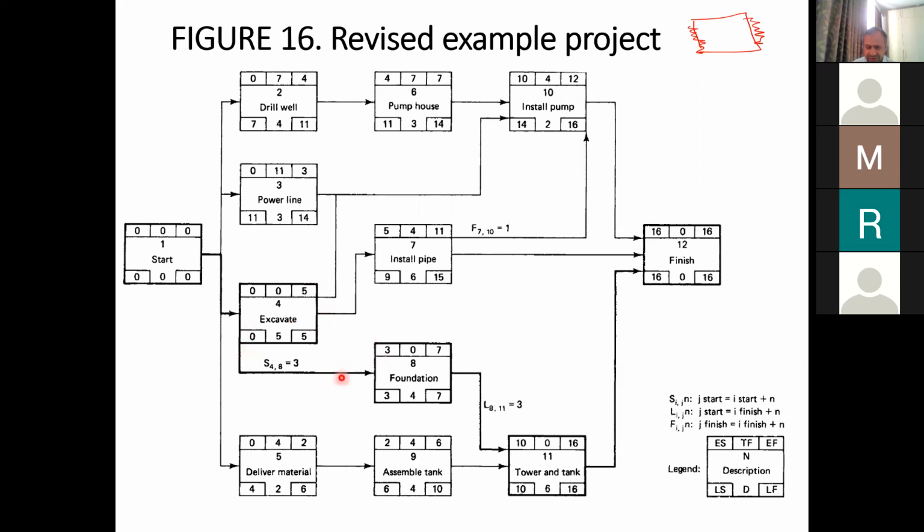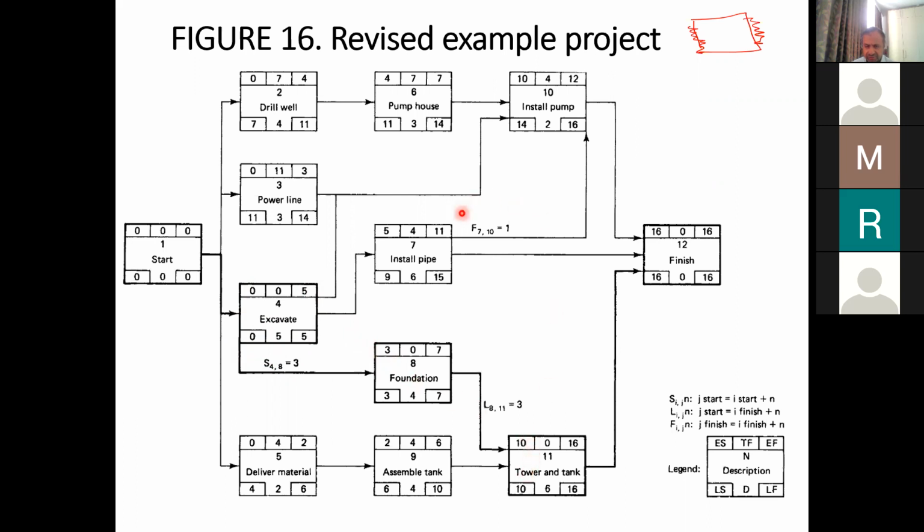There is a start to start relationship over here. So if this is 0, then 0 plus 3 will be the start over here. This 3 follows the start to start relationship, not the finish to start relationship, because there is no finish to start relationship here.